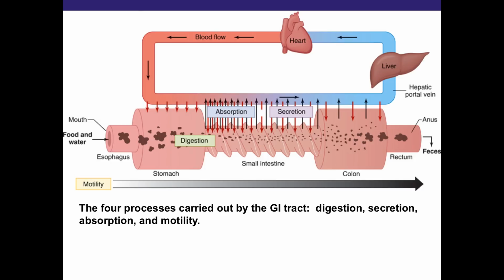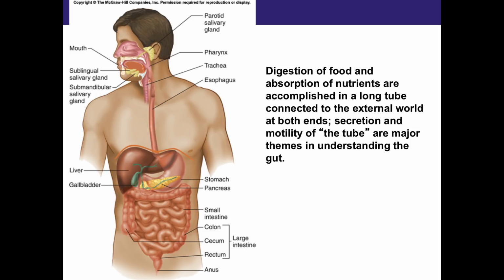So let's go back. Basically, like I said before, there's a number of different organs. They all make up, like I said, if I put a tube down my mouth, down my esophagus, through my stomach, small intestines, large intestines, out the rectum and anus, the entire system is called the alimentary canal.